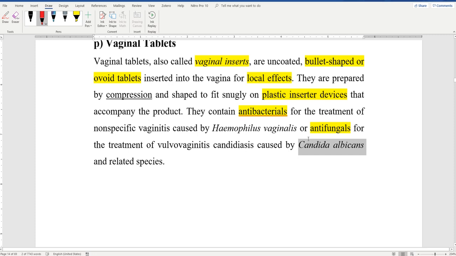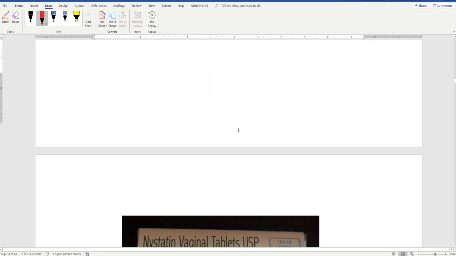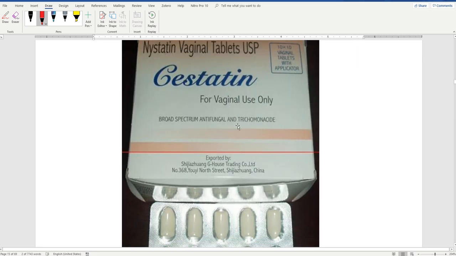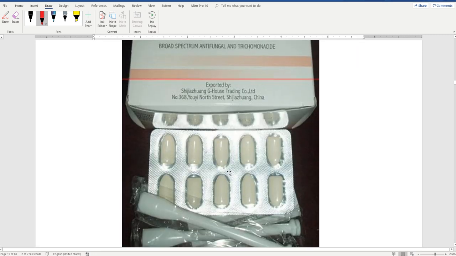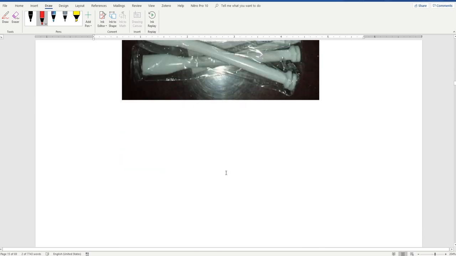They are for already married women. They can use such tablets, vaginal tablets.